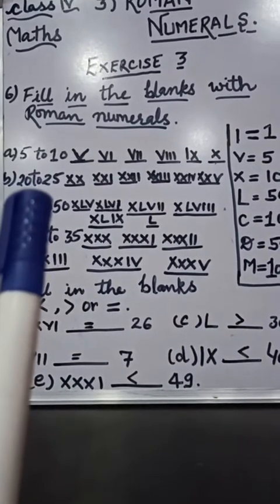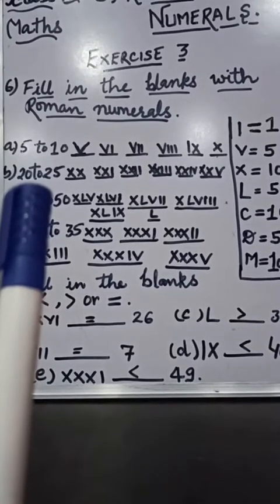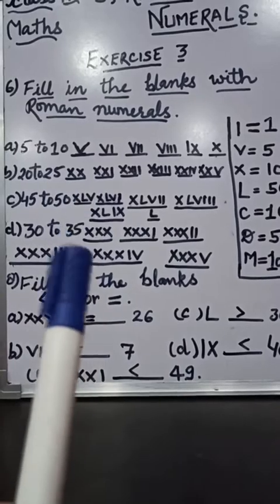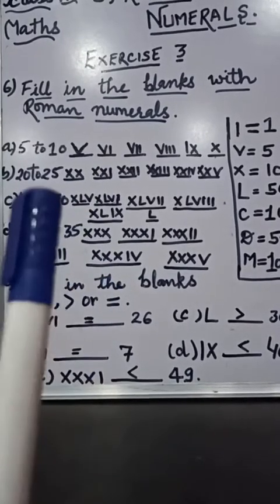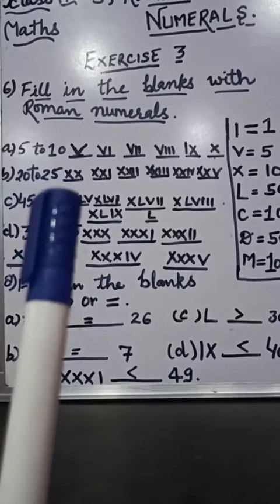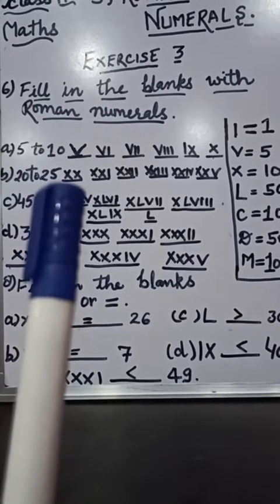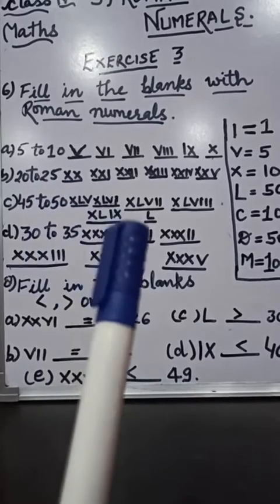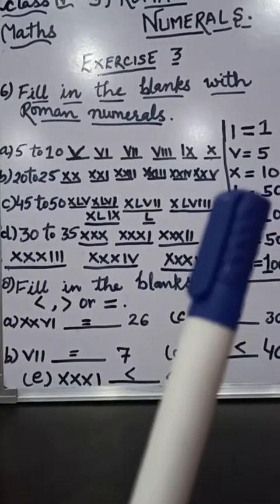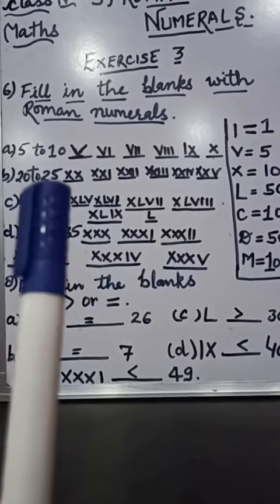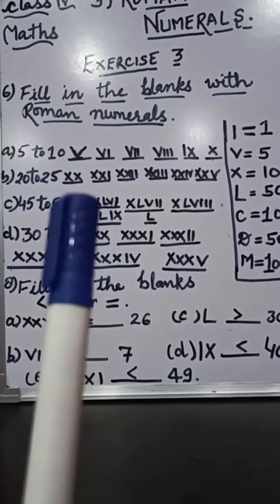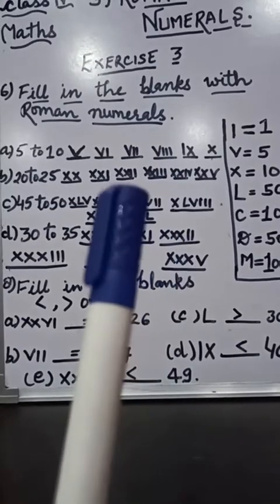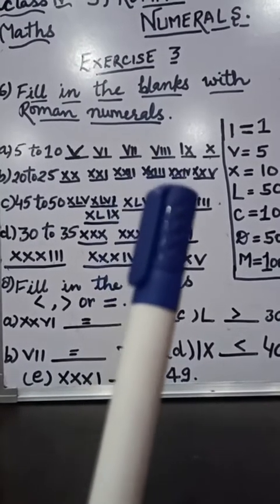Now question B. In question B, series is given 20 to 25. So we will start with 20. How are you going to write 20 in Roman numerals? Yes, 10 plus 10, 20. That is X plus X. Now 21, XXI. 22, XXII.